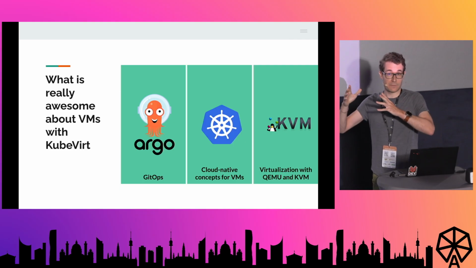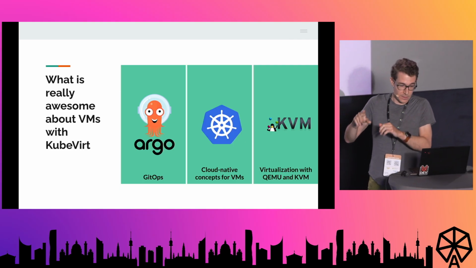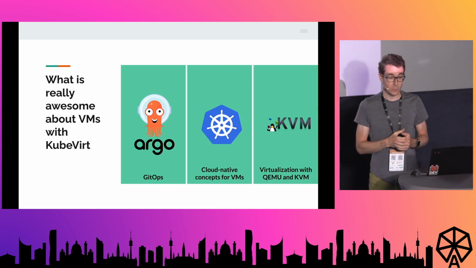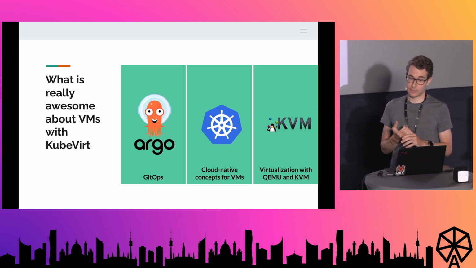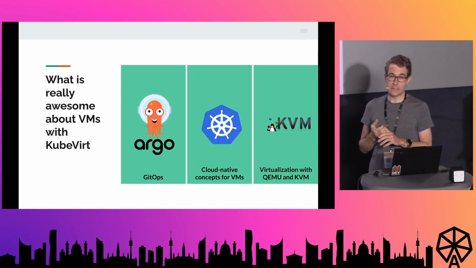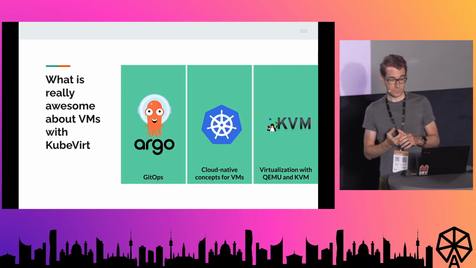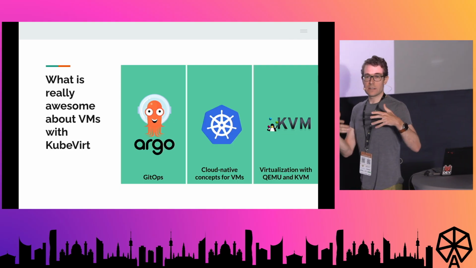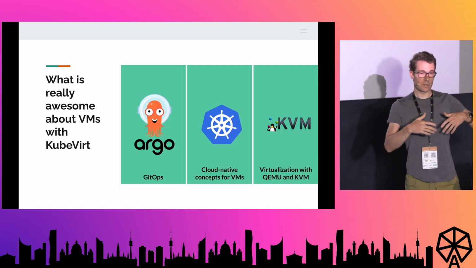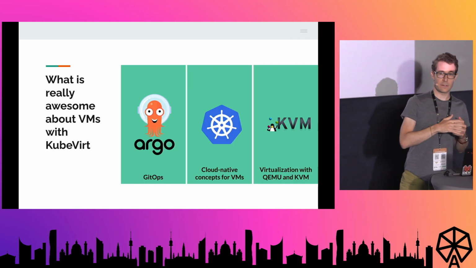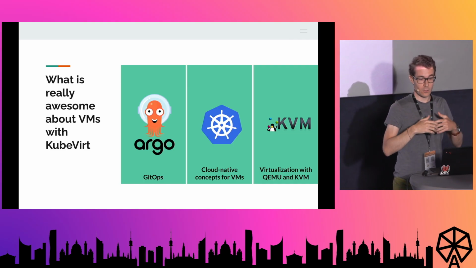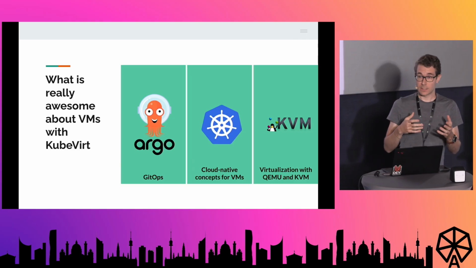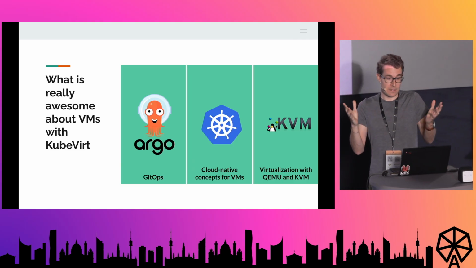So compared to having ClickOps before with the UI and everything, now we have an actual proper API that we can use, and having that is really, really nice. So not only can we easily interact with it via the Kubernetes API, of course, Kubernetes brings you so much stuff with all the failover things and the readiness probes and all these cloud native concepts that we take for granted that we can now use for VMs, you know, for free, basically.